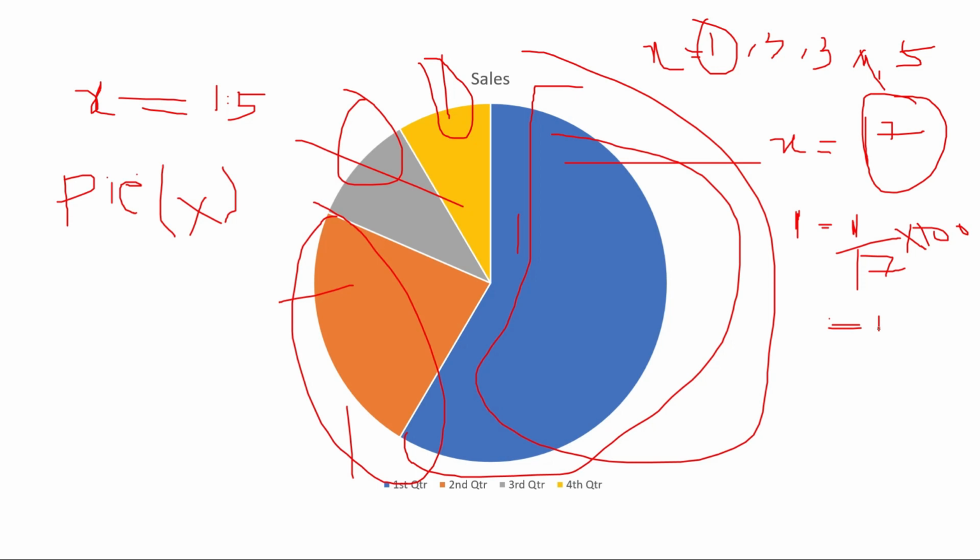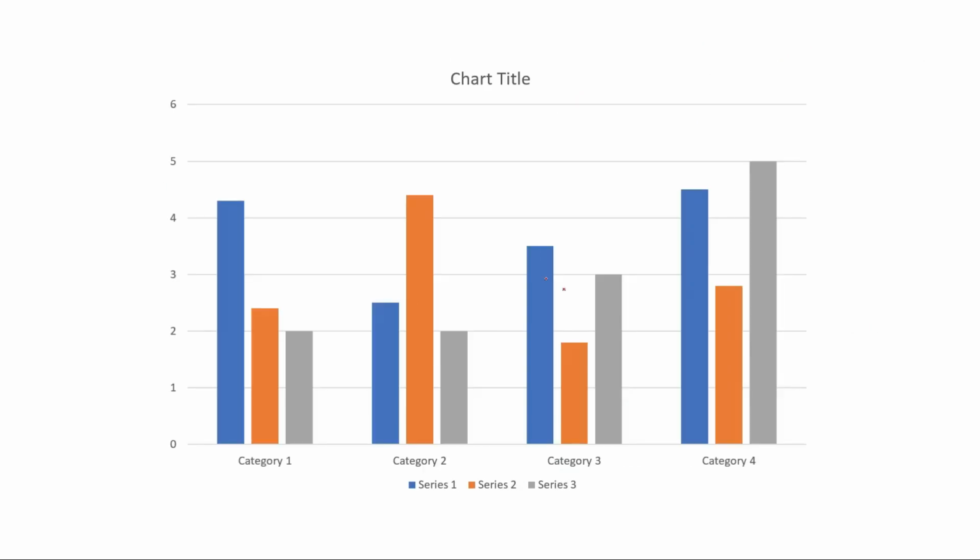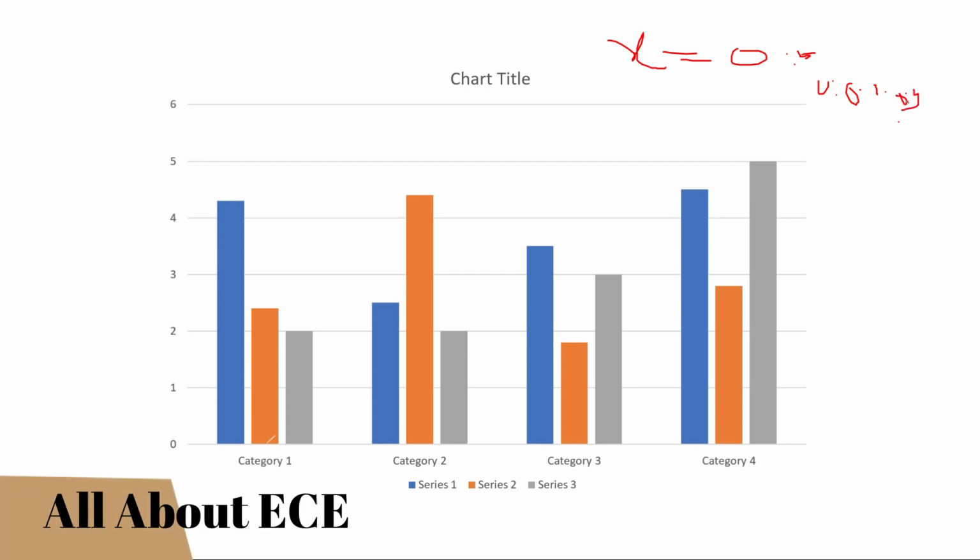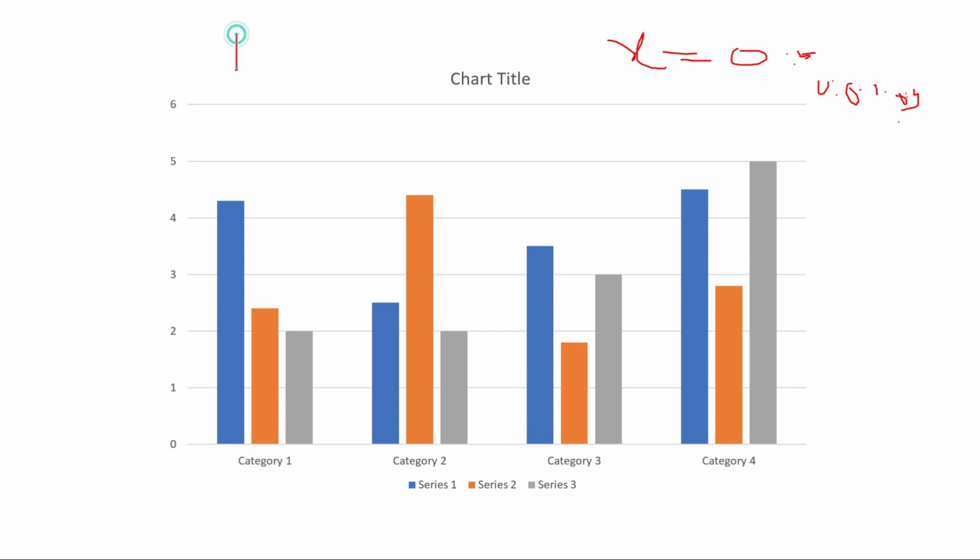By today itself, 2D plots will be complete. Similarly for the bar chart, we will have some values, x equal to 0 to 5. You may divide in ratios also, like 0.1 up to 0.5. You can take any values. Then we will use a function called bar of x, and it will evaluate the bar function.